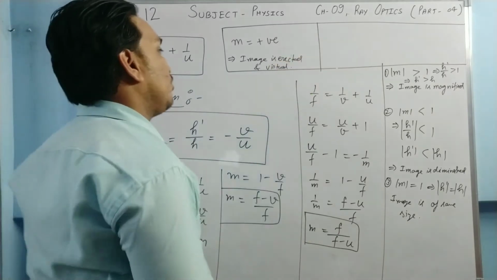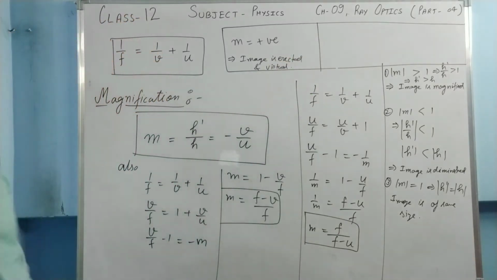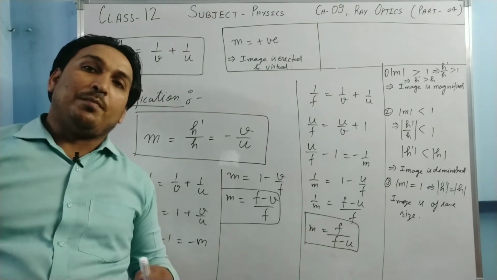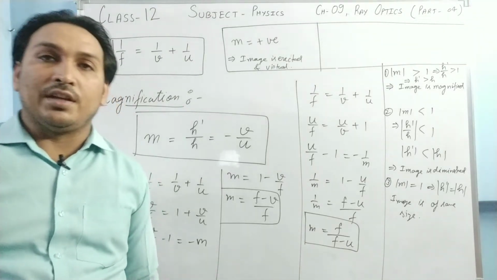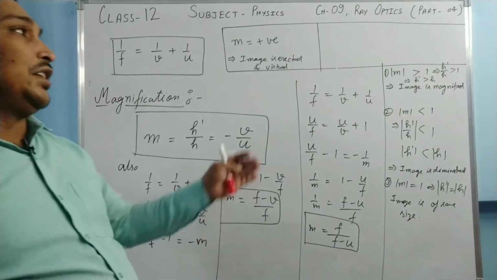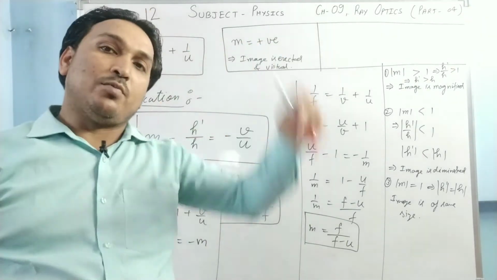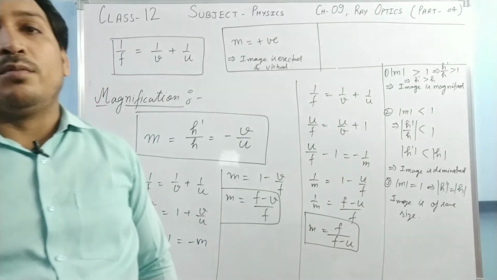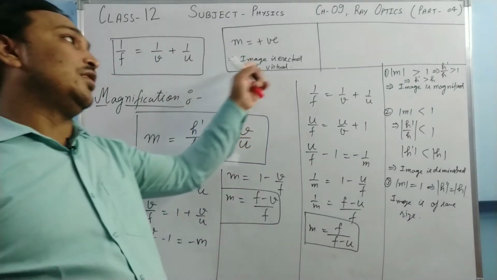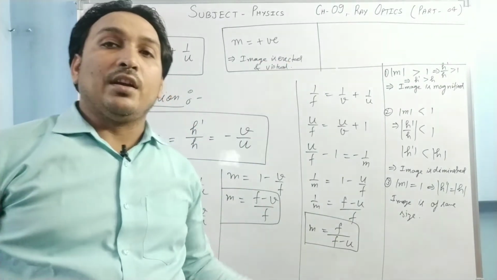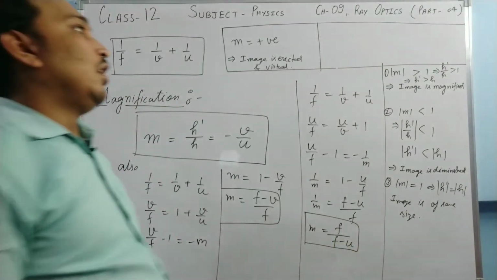Why am I saying virtual? In case of concave mirror or convex mirror, when the image is formed behind the mirror, then only it is erected and virtual. That is why if m is positive, it simply means that the height of the image is positive. And if height of the image is positive, it simply means that image is erected. And if it is erected, it has to be virtual also.